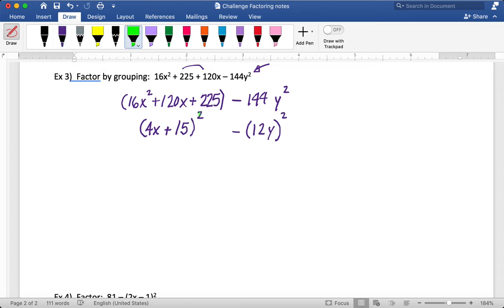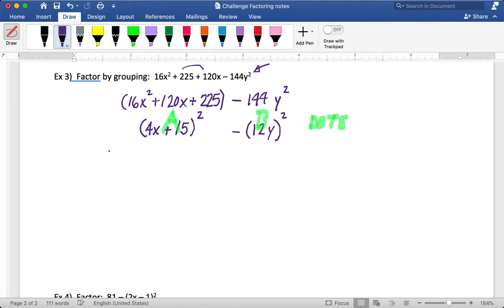Right? You see a square, and the difference. This is dots. My A is 4x plus 15, and my B is 12y.